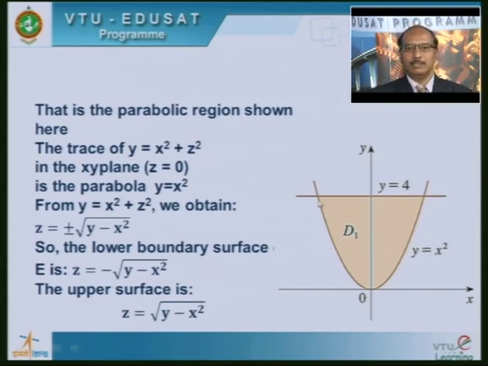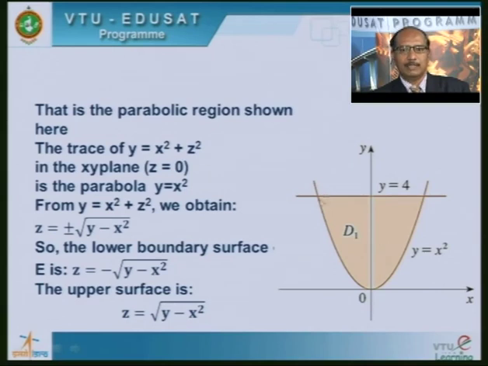Here x limits are taken as constants, so find the intersecting points. Put y equal to 4, so x square is equal to 4, which means x is equal to plus or minus 2.